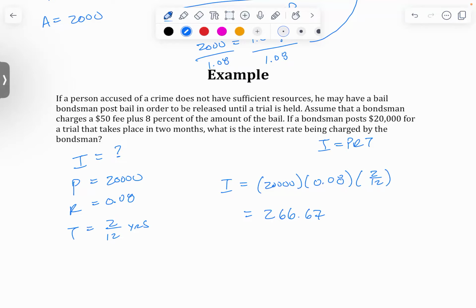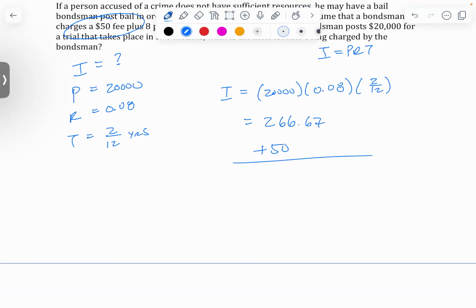So then the important part, a $50 fee on top of that. That's what the actual interest becomes, which then makes the actual interest, right, $316.67.